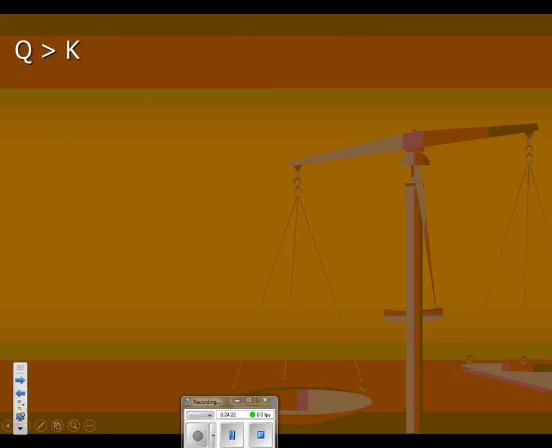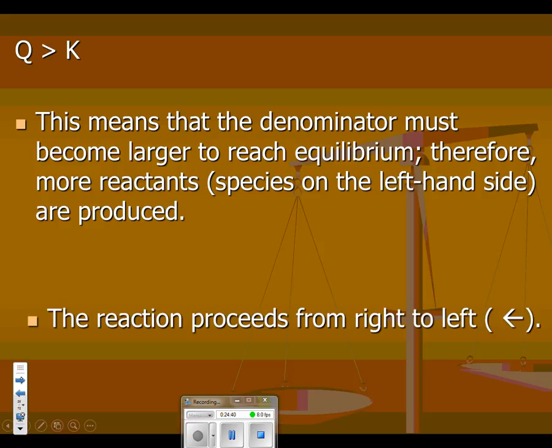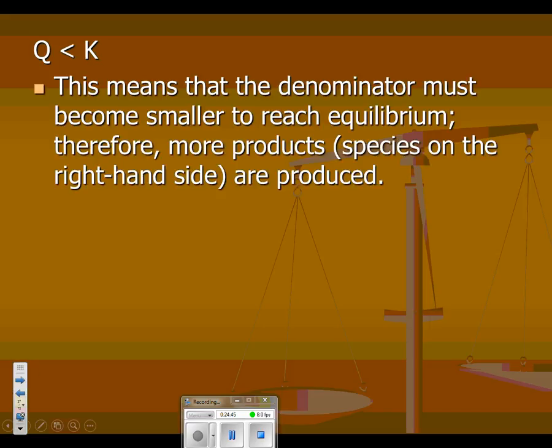If Q is greater than K, this means the denominator is smaller than it should be, and the top was the products, so I must need to shift more to my reactants. So it's going to shift back to my reactants. If Q is less than K, this means that my bottom's too big and I don't have enough products, so it's going to shift to get to equilibrium. It's going to shift from my reactants to my products because I need more on top.